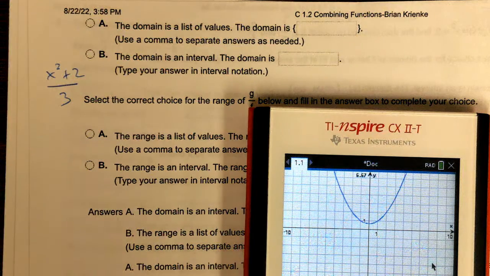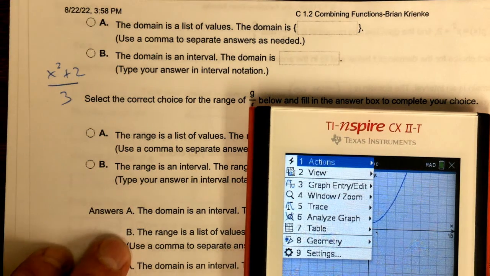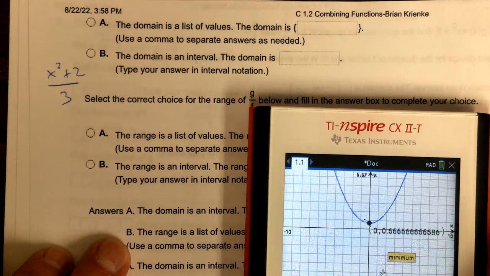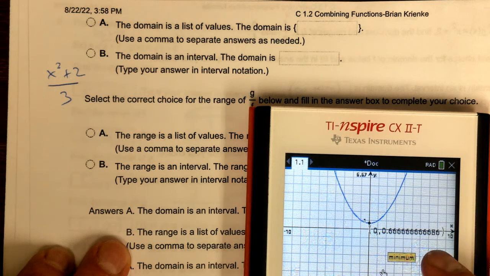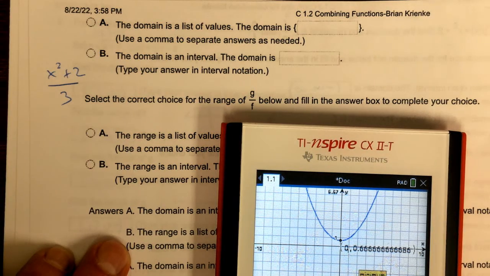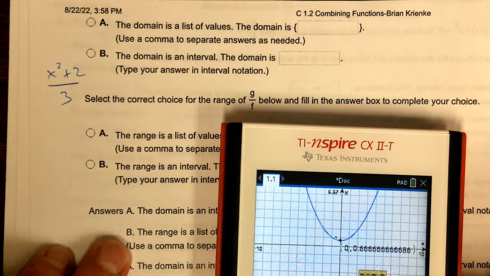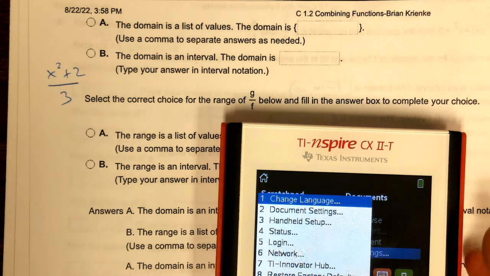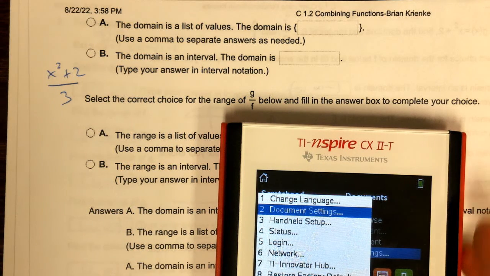Okay, so this one we're going to do the minimum from here to here, which is 0, and then it says 0.6 repeat. By the way, if you see the extra 86, just ignore that. In fact, let me try something. I know I've preached like use 12 decimal places, but I'm going to change it this year.